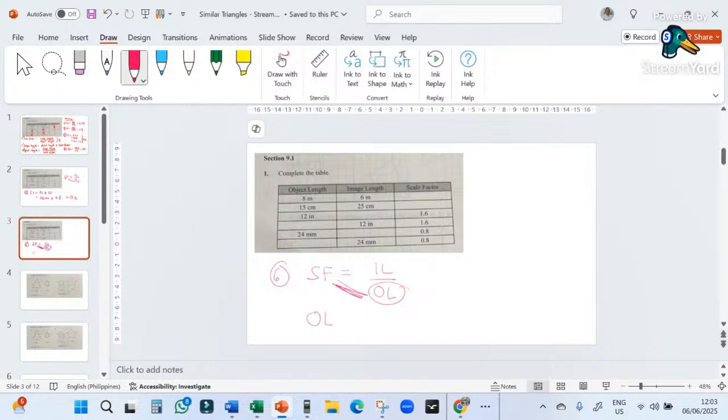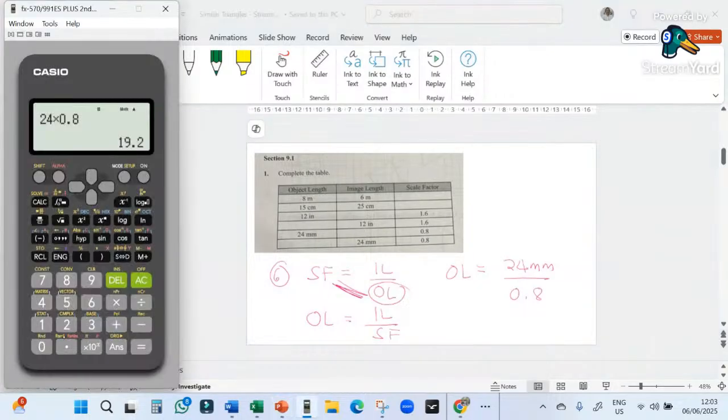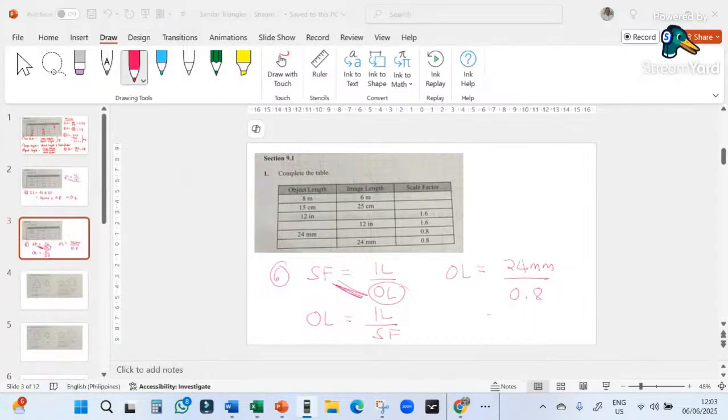So object length is image length over scale factor. So object length will be equal to image length, 24, over scale factor of 0.8. Calculator, 24 divided by 0.8 gives us 30. This is the answer for number 6.